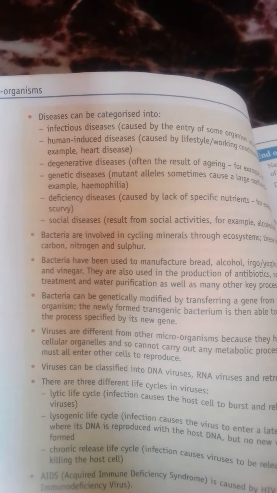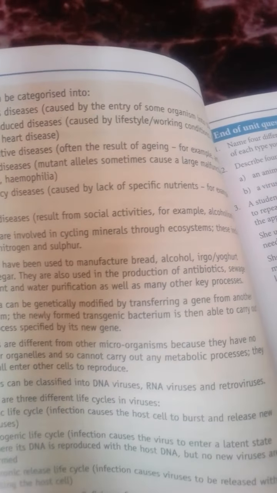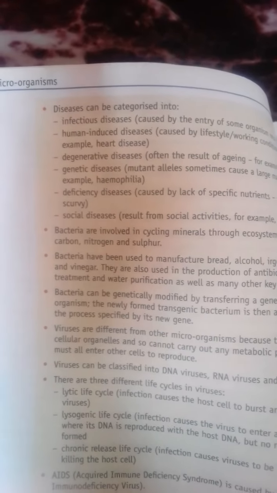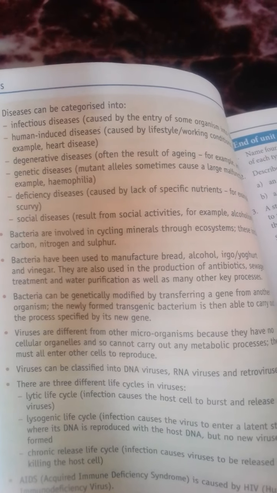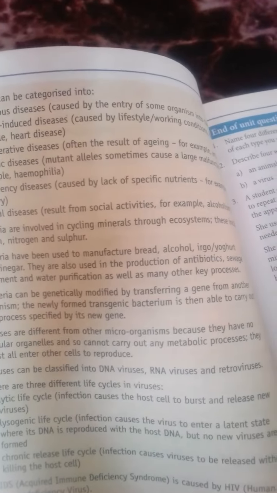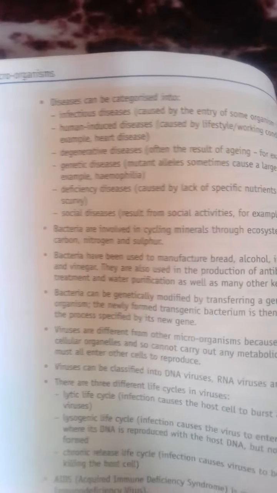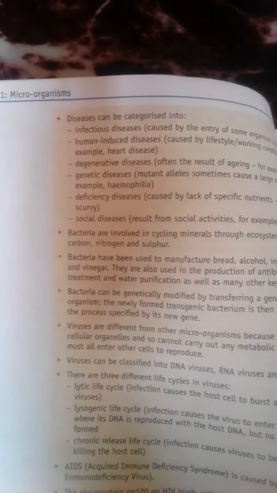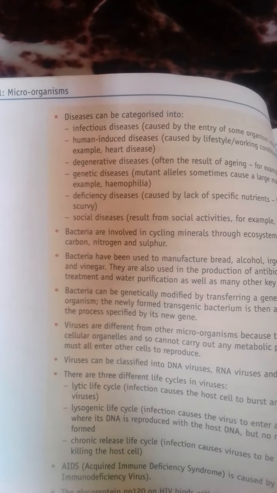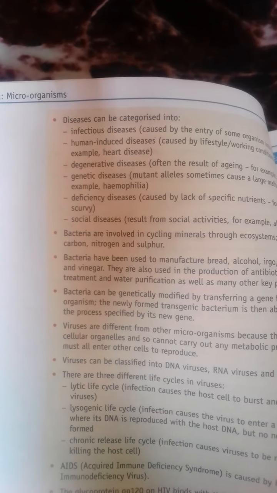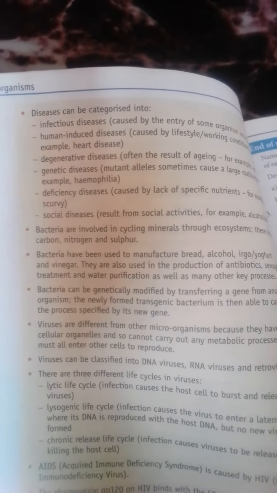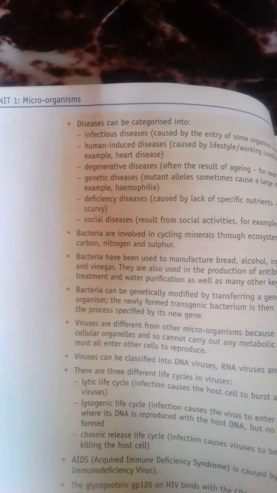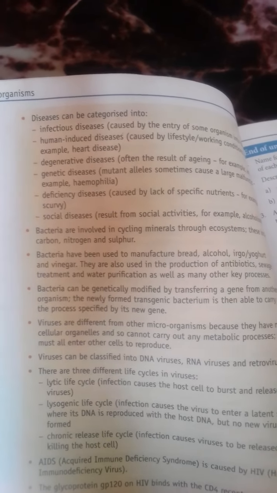Degenerative disease is often the result of aging, for example arthritis. Genetic disease is when a mutated allele sometimes causes a large malfunction. For example, hemophilia is a genetic disease. Deficiency disease is caused by lack of a specific nutrient, for example scurvy. Social disease results from social activity, for example alcoholism.